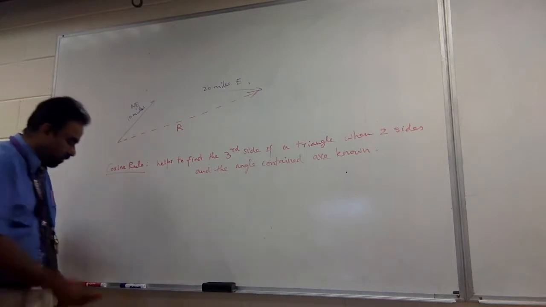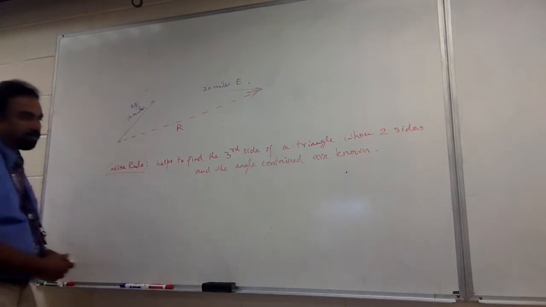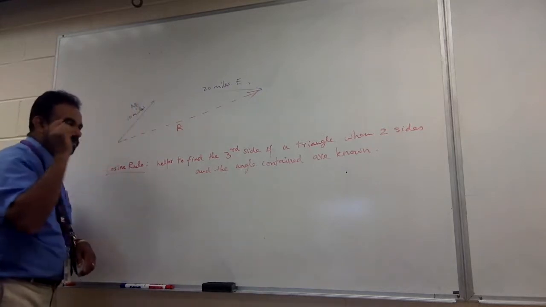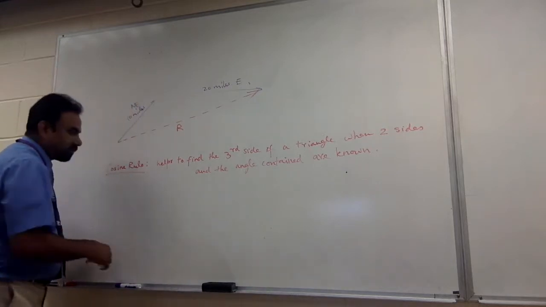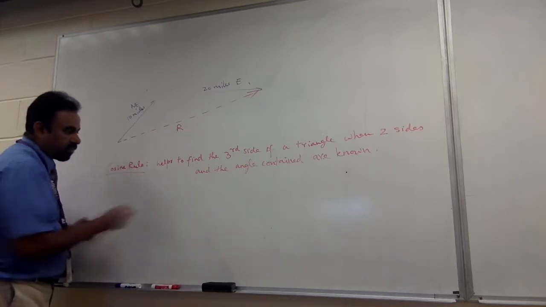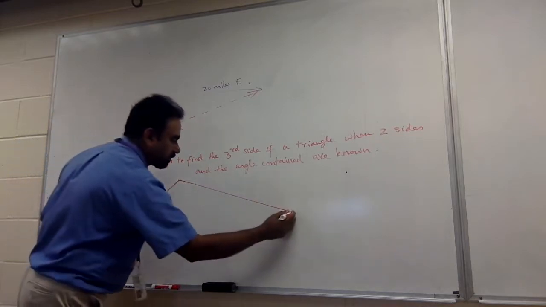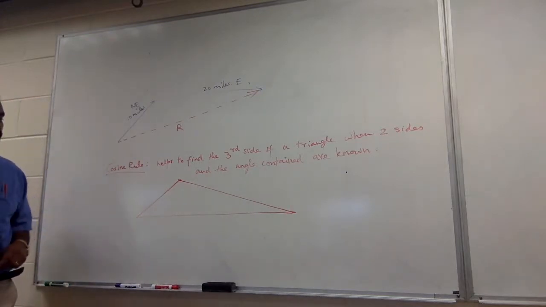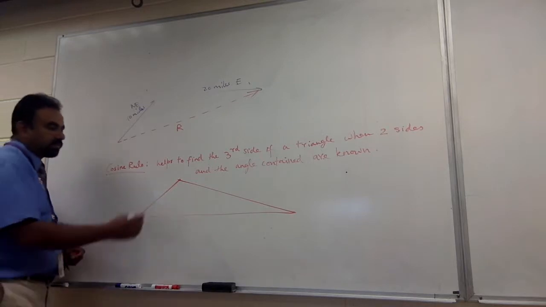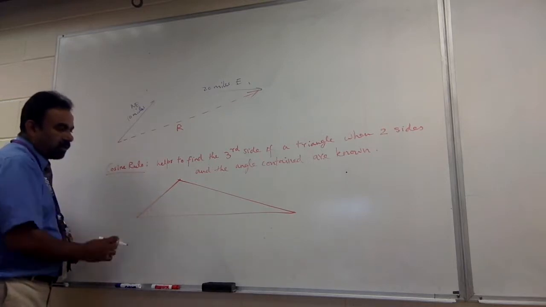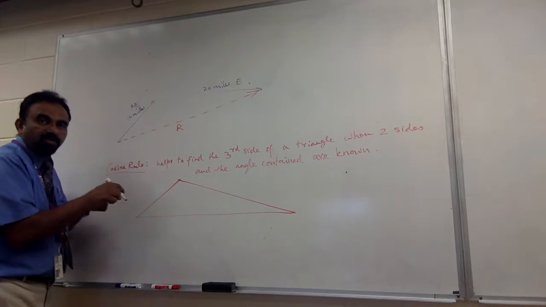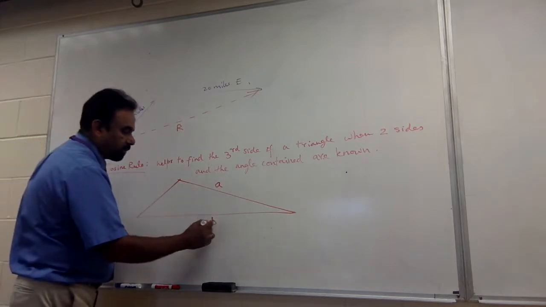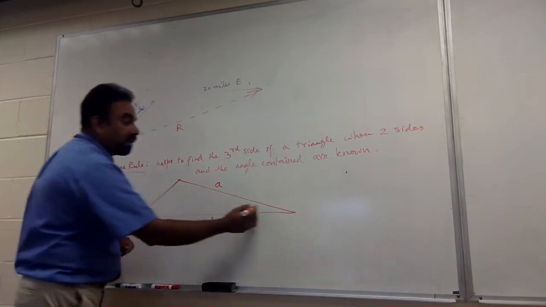So what is this rule about? If you have a triangle, any triangle, if you know two sides of the triangle, let's say you know this side and you know this side, and the angle contained.